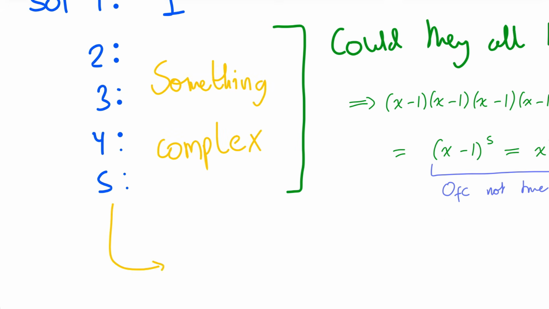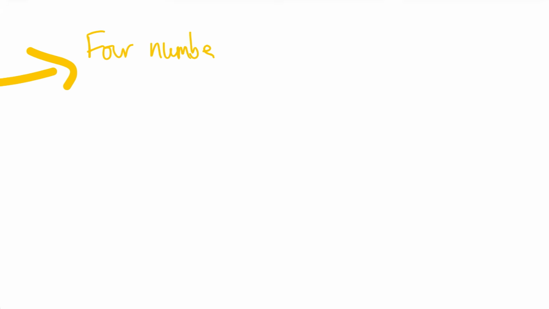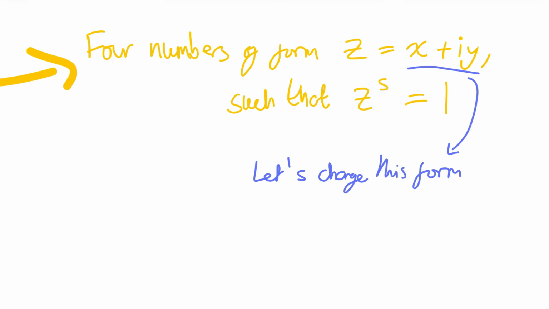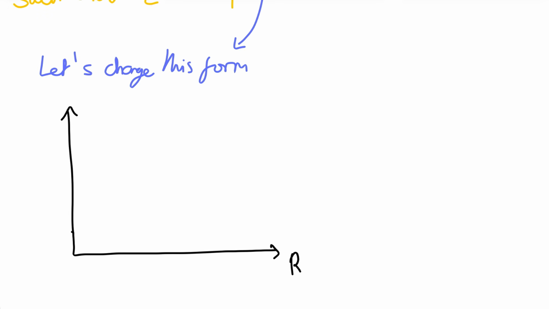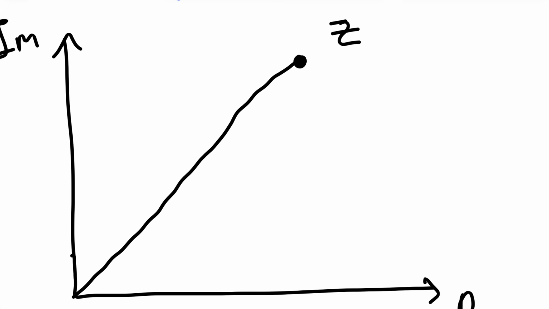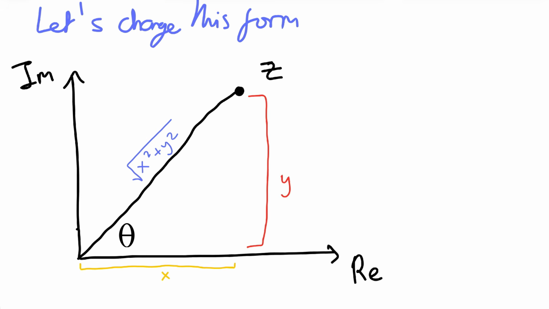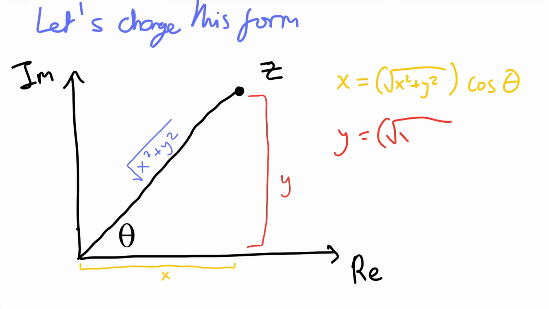We're looking for 4 complex numbers in the form z equals x plus iy, such that z to the fifth equals 1. Now this will get a whole hell of a lot easier if we rewrite z in a different form and then look at the geometry of complex multiplication. So looking at this diagram here, we can see that this line here has length square root x squared plus y squared, and if we call this angle here theta, we get that x is equal to square root x squared plus y squared cosine theta, and y is equal to square root x squared plus y squared sine theta.